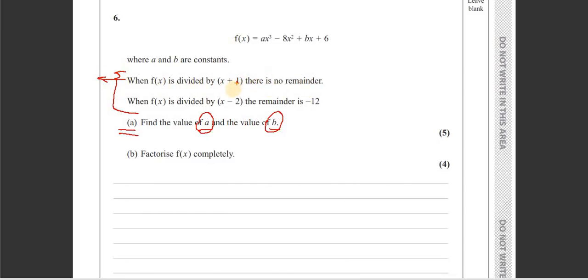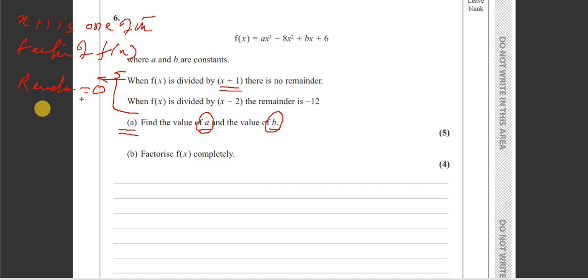The first condition is f of x is divided by x plus 1 and there is no remainder. That means, just for your understanding, x plus 1 is one of the factors of f of x. What is the meaning of factor? Remainder is 0.